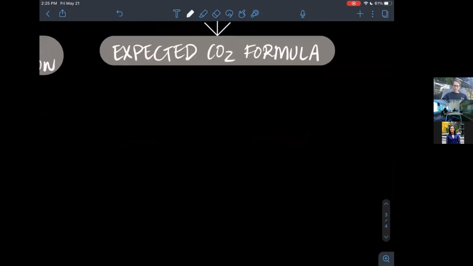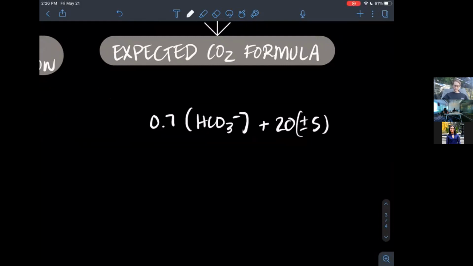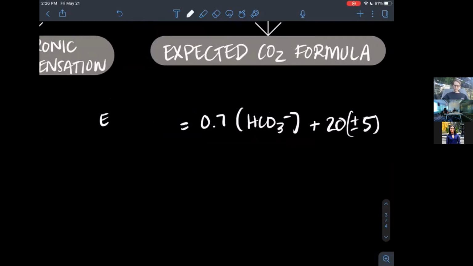So what you do is you take 0.7 of the bicarb that you have, you add 20, plus or minus 5 to give yourself some leeway because the body's not perfect and it's working to compensate. So this number will give you what you expect your CO2 compensation to be.